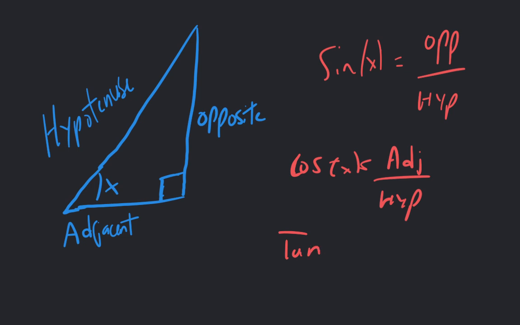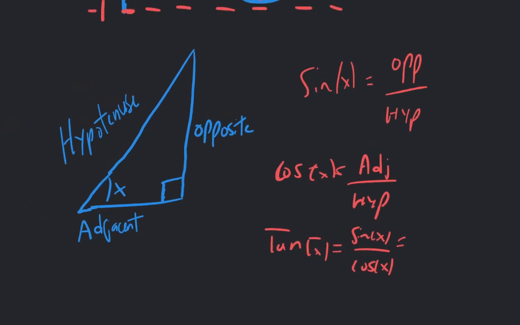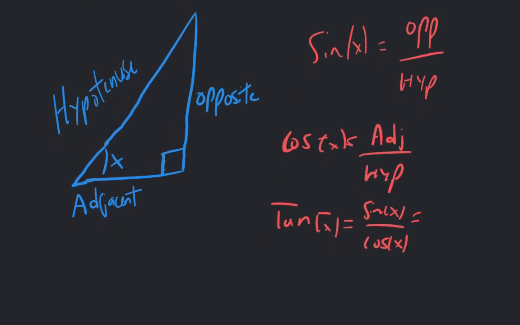And tangent of x is equal to sine over cosine, which is opposite over adjacent, and has its own pattern, but I'll mostly be focusing on sine and cosine.